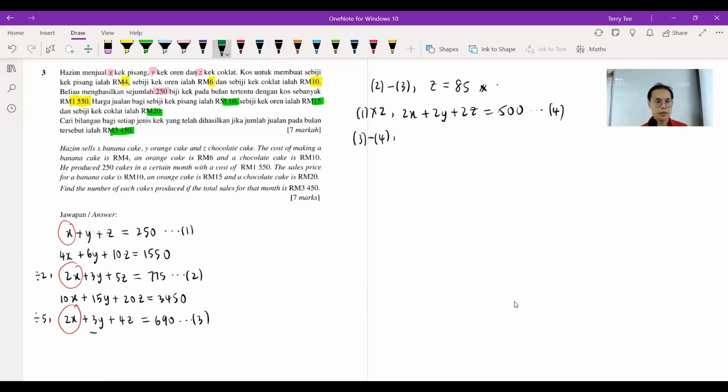Your 3y and 2y, when you minus, you get 1y, right? 4z, you minus 2z, you are left with 2z. Oops, let me change the color. 2z. And 690 minus 500 is 190.